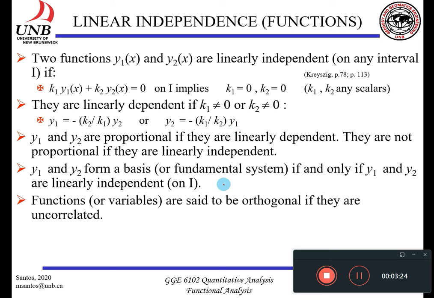So y1 and y2 form a basis, or we can think of a fundamental system or axes of a coordinate system, if and only if they are linearly independent. Functions or variables are said to be orthogonal if they are uncorrelated, if they are independent.